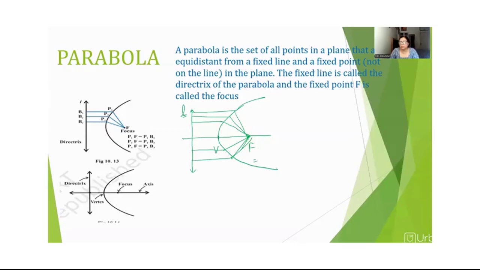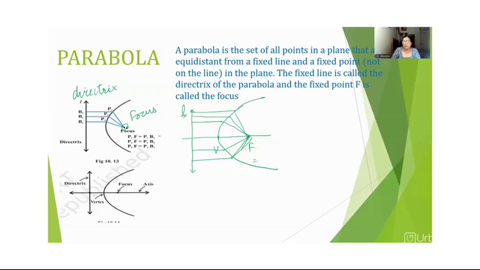So this is the definition. You can make the figure. First, you have to remember the definition so that you know the concept. So here we have a fixed line. This fixed line is called the directrix, and this fixed point is called the focus of the parabola. These distances are equal.